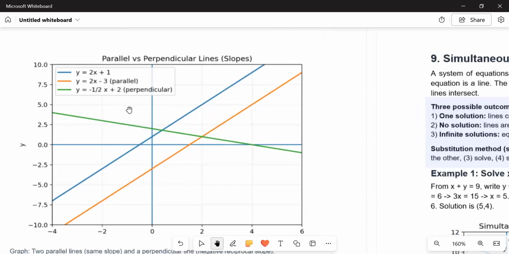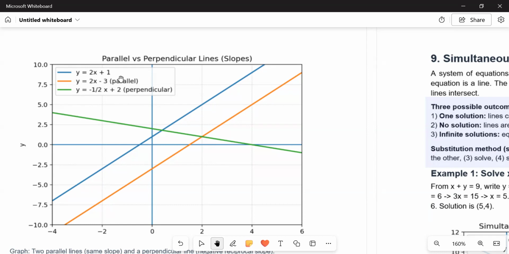So this is just a graphical representation. This was the equation, y is equal to 2x plus 1, and we were asked in two different math problems to find a parallel equation and a perpendicular equation. In the parallel equation, you will see that the common thing is that both of them will have the same slope, and in the perpendicular equation, you will have the negative reciprocal.